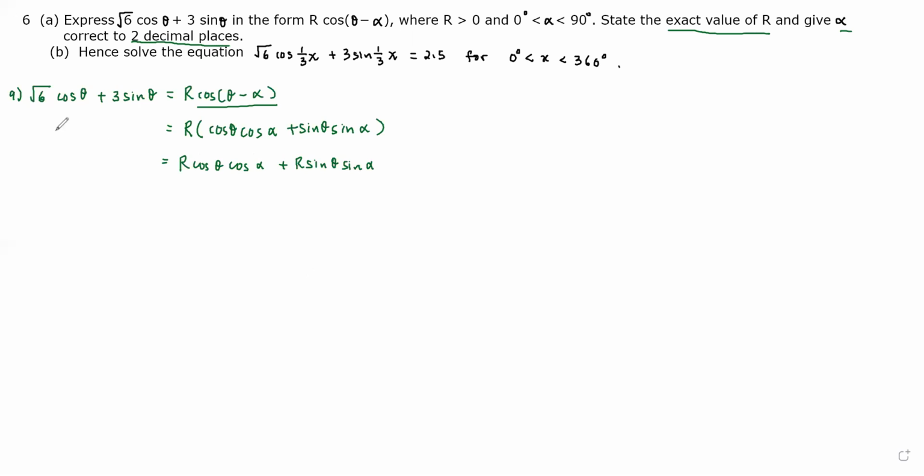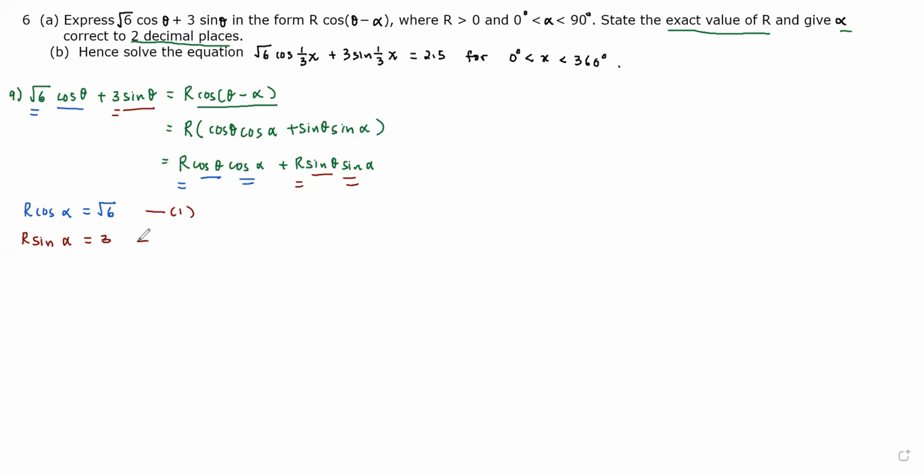We now equate the coefficient of cos theta. We have r cos alpha equals square root 6, and equating the coefficient of sine theta, we have r sine alpha equals 3.